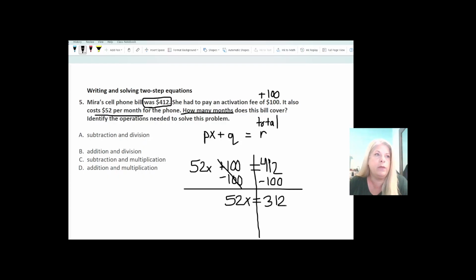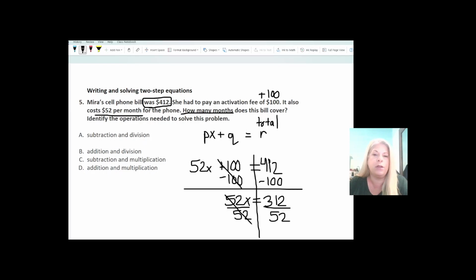Okay. Now, what you got to do is just think about this as a new equation to solve, right? So now 52 times x is what this means. We always want to do the opposite. The opposite of multiplying by 52 would be to divide by 52. Again, whatever we do to one side, we got to do to the other. So divide by 52 on both sides.